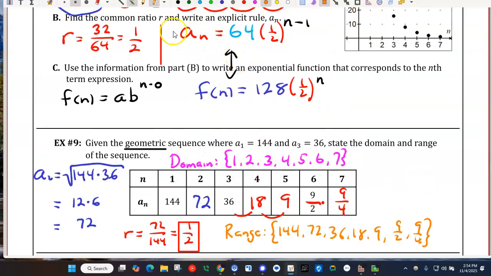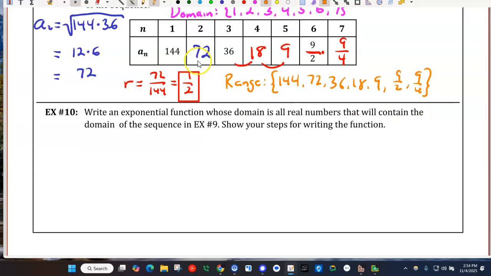up here. Write the sequence rule and also the function rule, but using this information instead. So what is the a sub n rule? And also, what is the function rule?